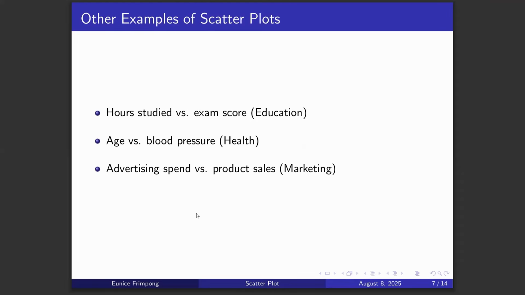Other examples could be hours studied versus your exam score, or your age versus your blood pressure. Is there a relationship between your age and your blood pressure at all? And if there is, what does the relationship look like? You can also compare advertising expenditure and product sales.